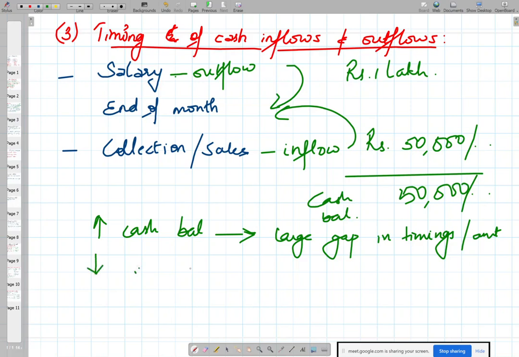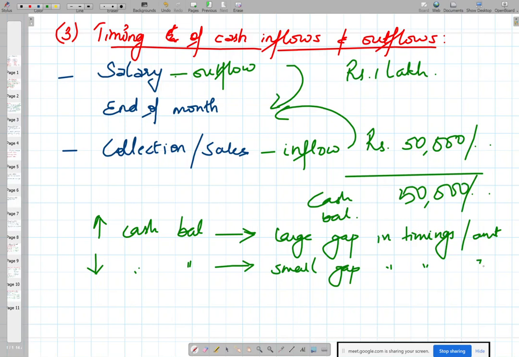And you require a low cash reserve or low cash balance if there is a very small gap in the timings. So let's say for your sales, you have given the debtors 1 month's time, and at the end of every month you get the money back from the debtors.